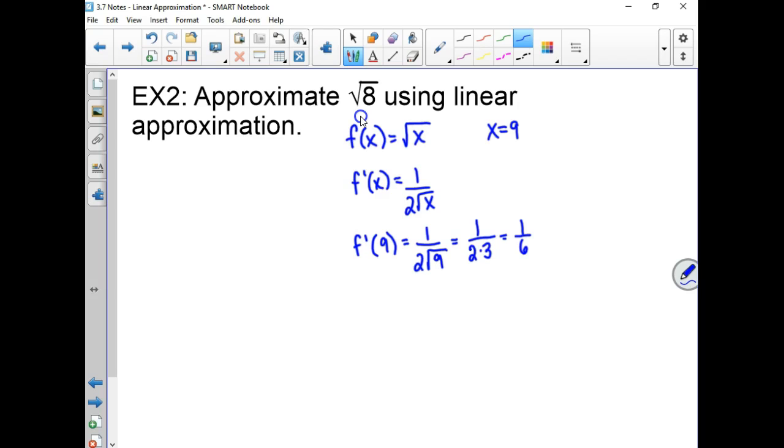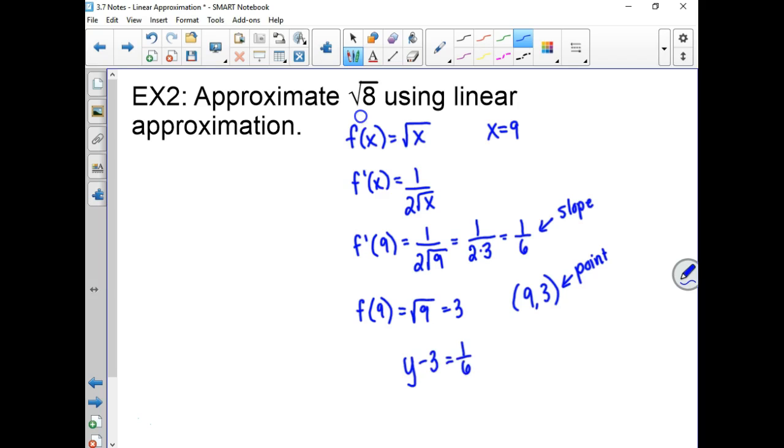And then I also need f of 9 to get my point, because this is my slope here that I just found. So f of 9 would just be the square root of 9, which would be 3. So 9, 3 would be my point. And that means my tangent line equation would be y minus 3 equals 1/6 times x minus 9.